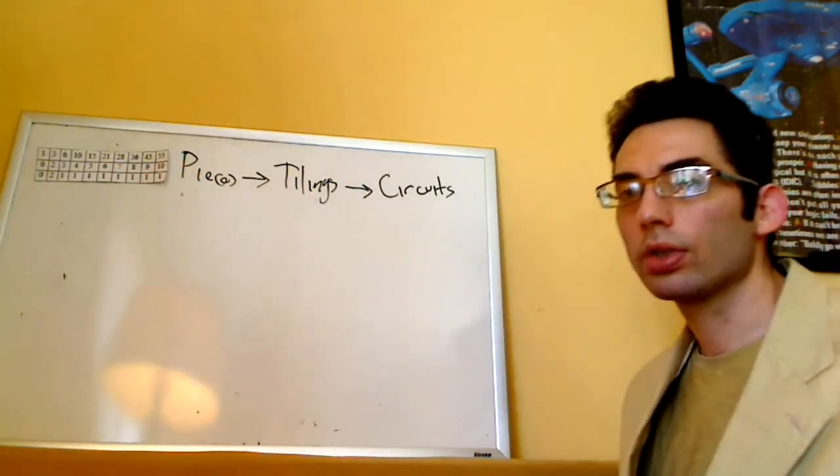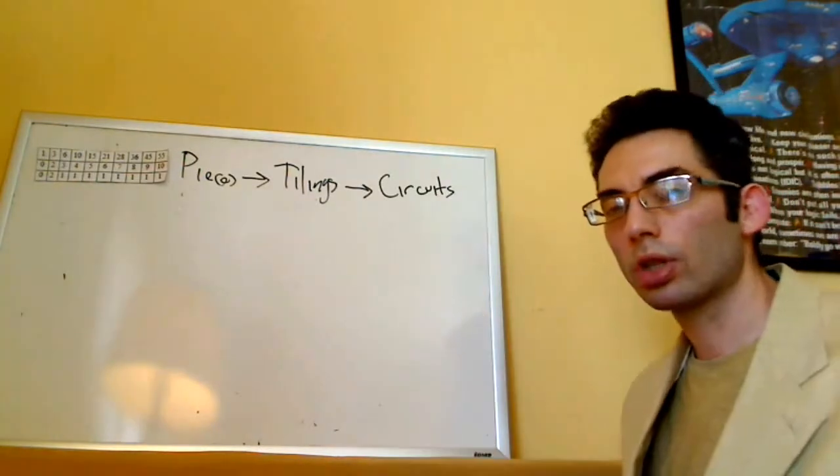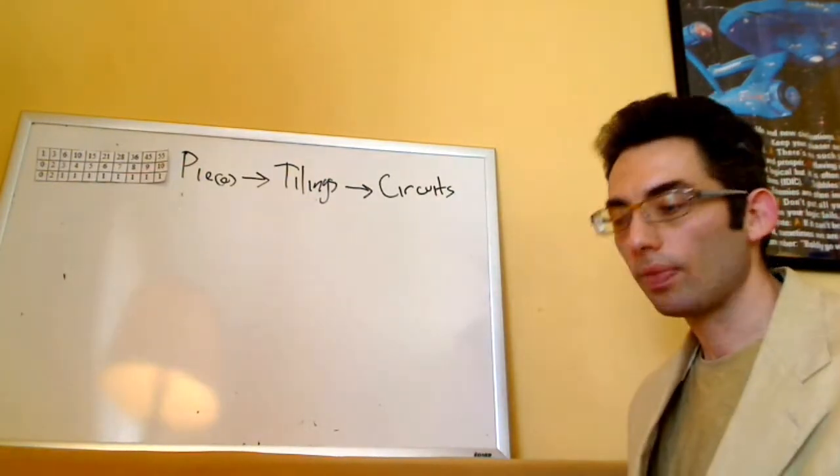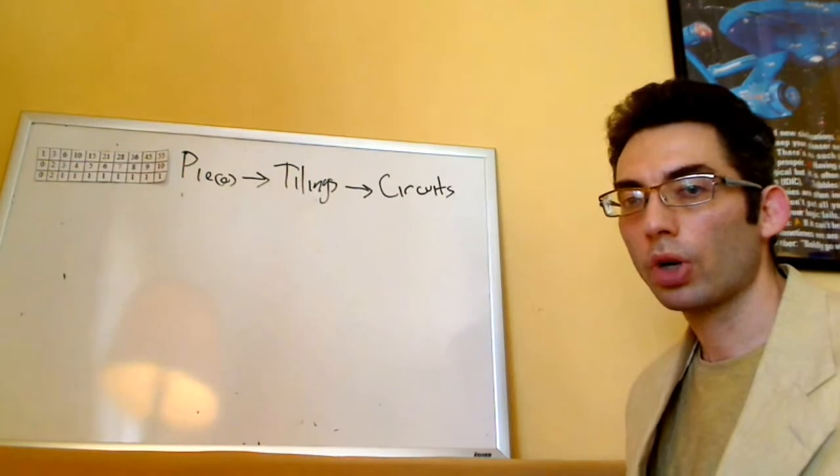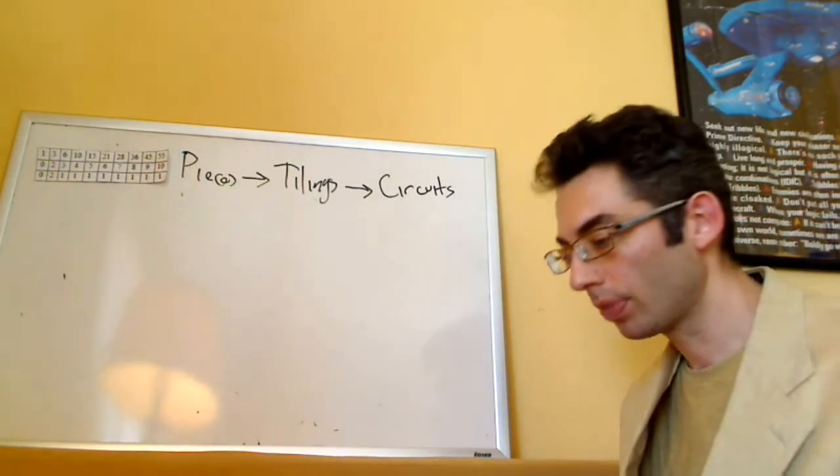So the diagonals of the circuit and the sides of the circuit are all related to each other. We did an example. We're going to do another example.